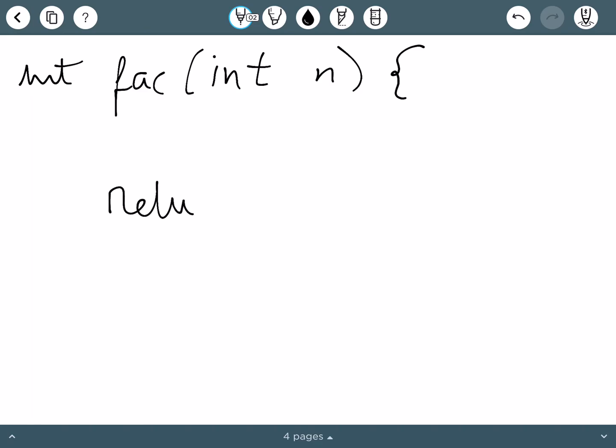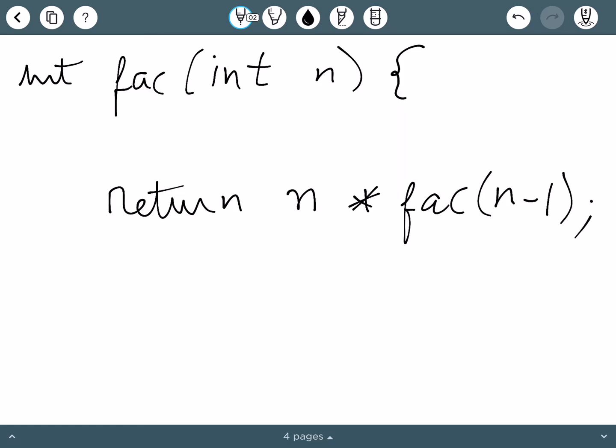I'm returning n multiplied by the solution for n minus 1. That's what I want to write.